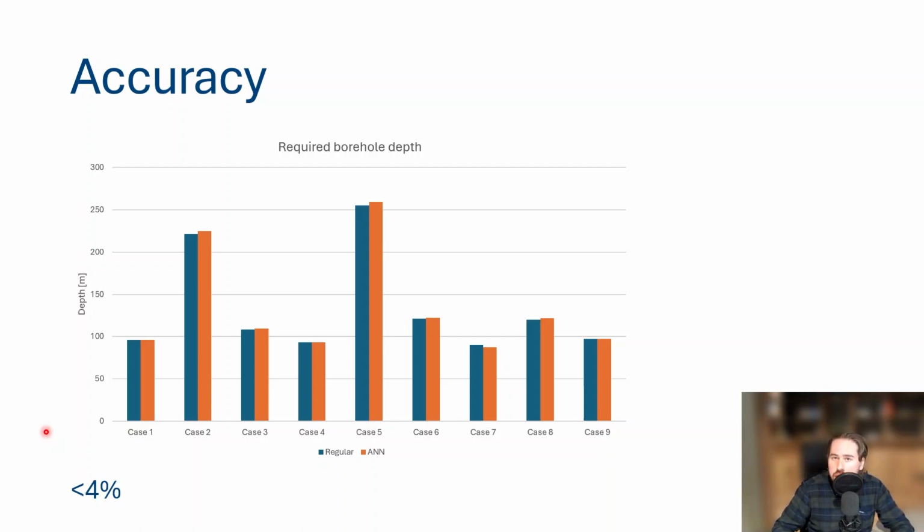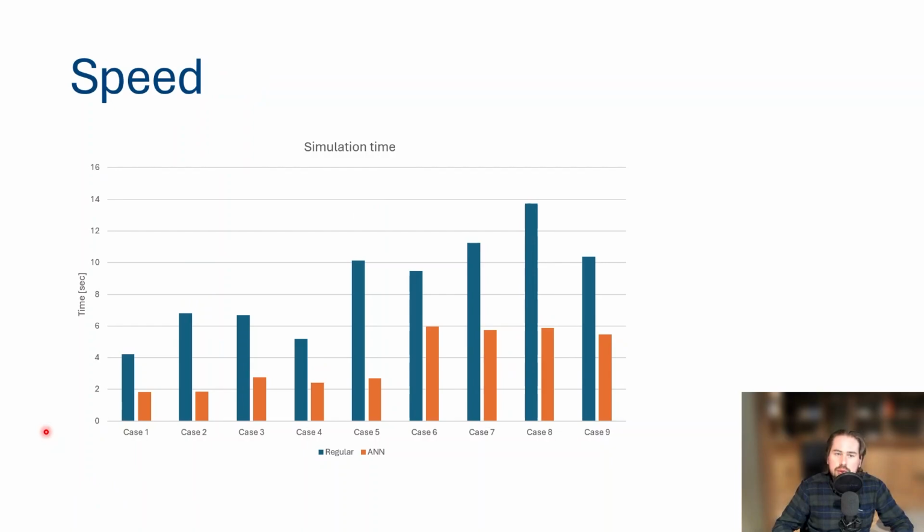Now, what is even more interesting, and the reason why we do this all, is when we take a look at the speed. So of these 9 cases, we see that our ANN model performed way faster than our traditional approach to calculate the required borehole depth.